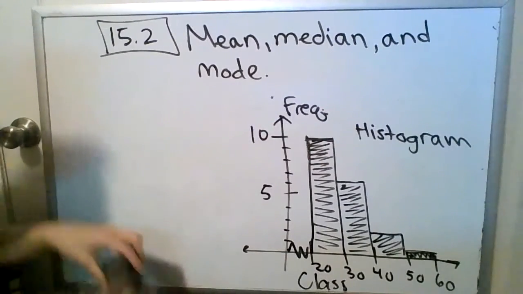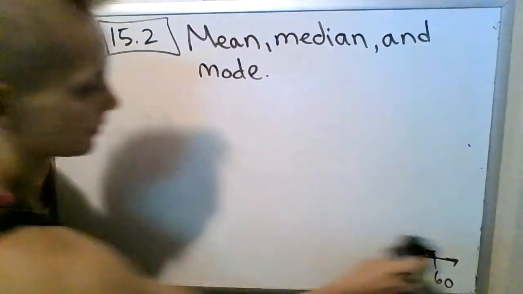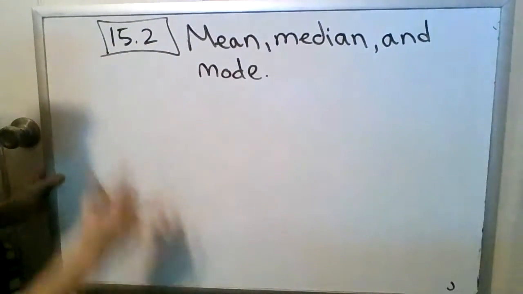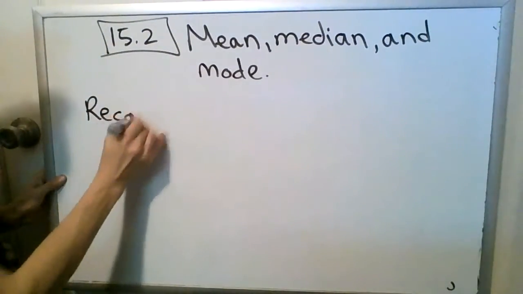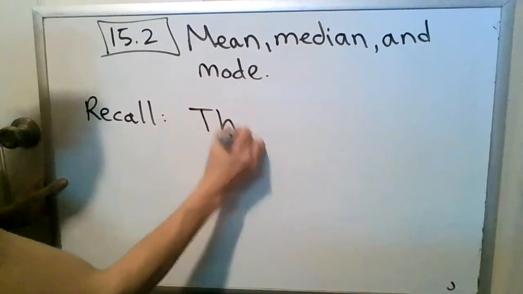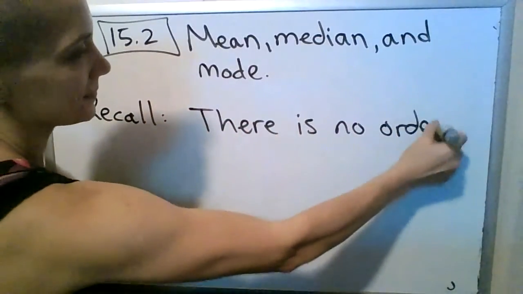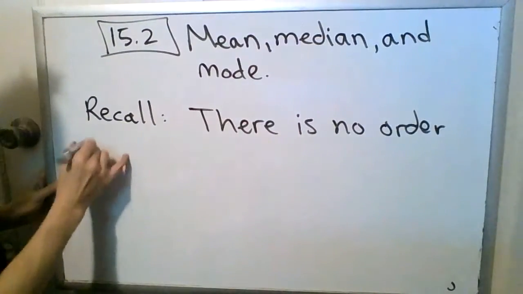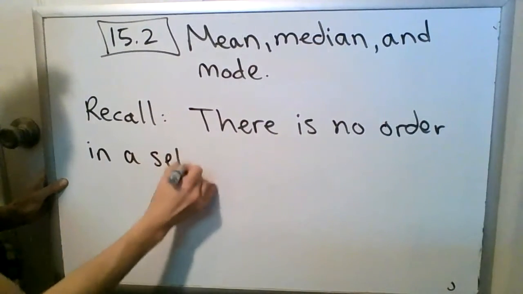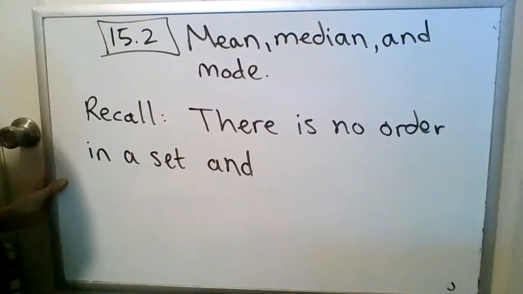Back in the previous section, we defined a set. And we talked about how there is no order in a set, and duplicates are not counted.